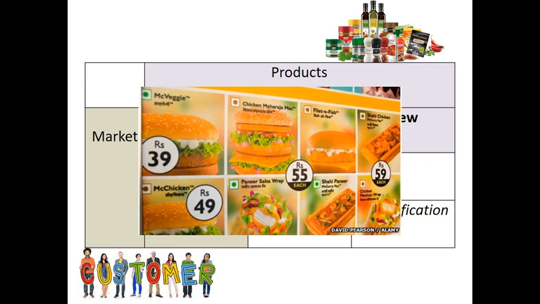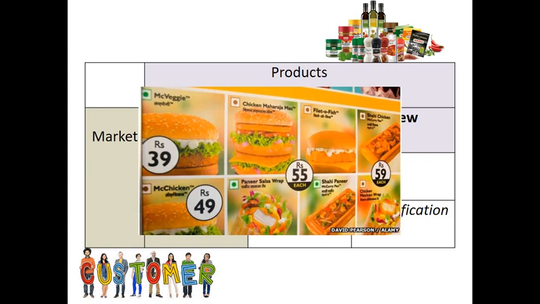I'm sure many of you are aware that India is a predominantly Hindu country, and the cow is a sacred animal to Hindus. So McDonald's, as a chain selling hamburgers made from cows, had to come up with new products when they entered that new market. So this is diversification for McDonald's.